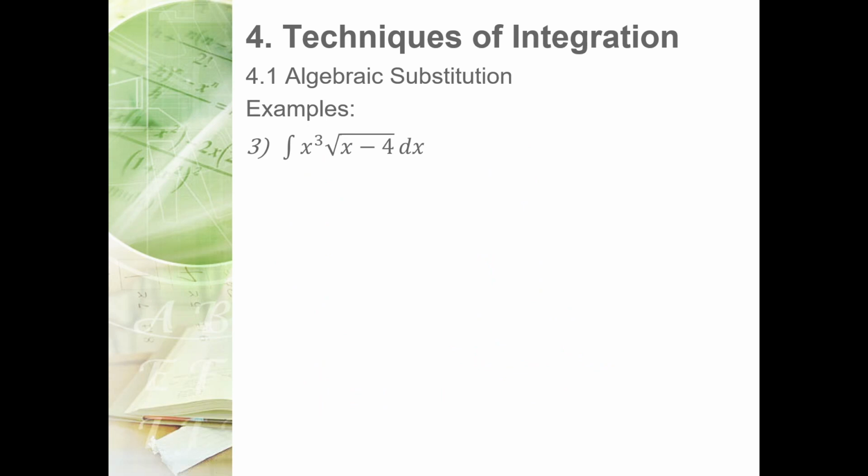Okay, so next is this example. You have the integral of x cubed. So the cube here is on the x variable, not on the radical expression. Then square root of x minus 4.